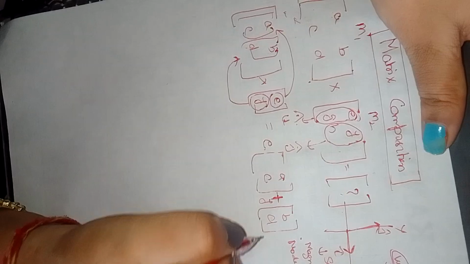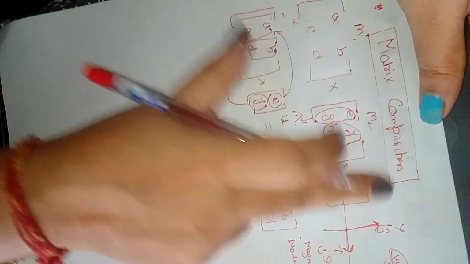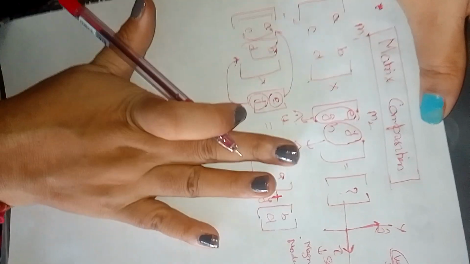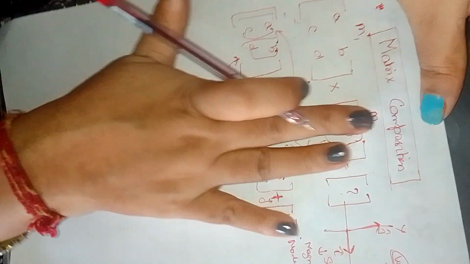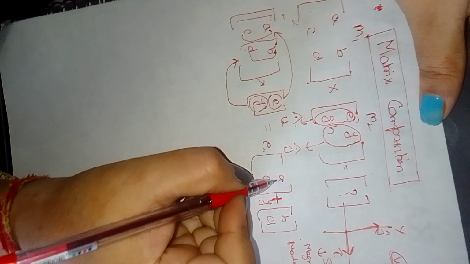I hope you are getting what I am teaching you here. I am showing you matrix composition, or matrix multiplication, the product of matrices. You can take it as multiplication. How does it take place under linear algebra?